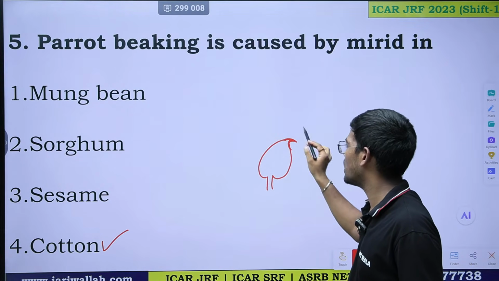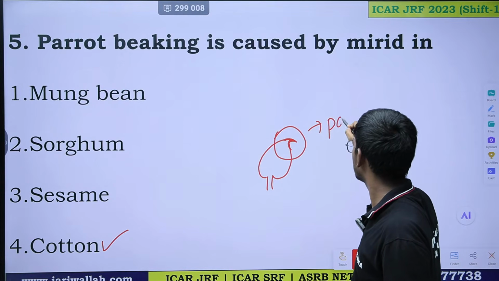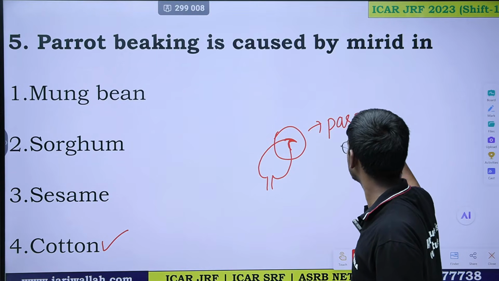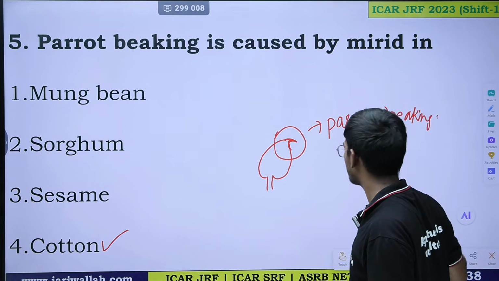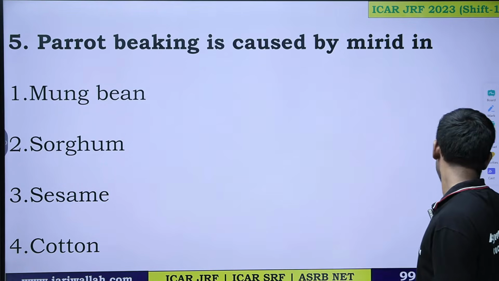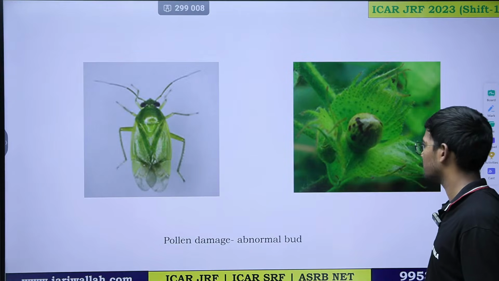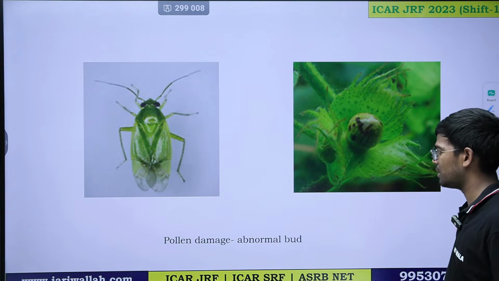And this thing is called parrot beaking. This is due to mirid. Here you can see in the image, that is the mirid bug.